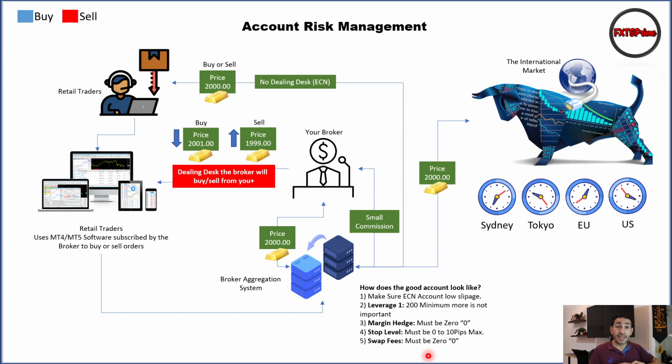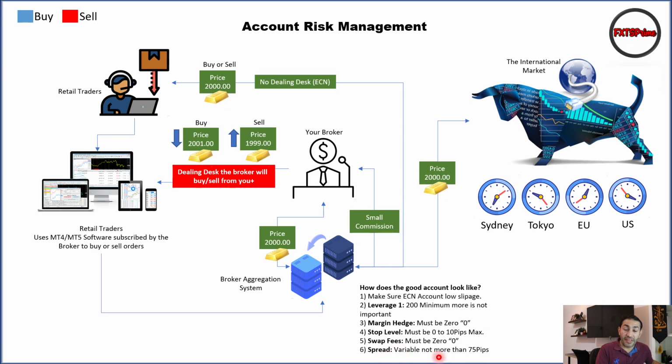The swap is an amount of money being taken from your account every Wednesday. So if you have a long term trade and you are keeping your trade for 3 weeks, 4 weeks, you are already losing money on that trade using the swap fees.